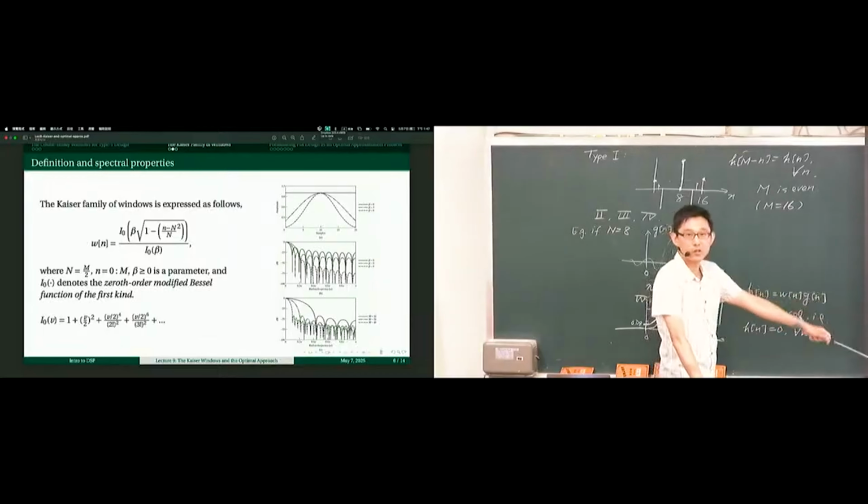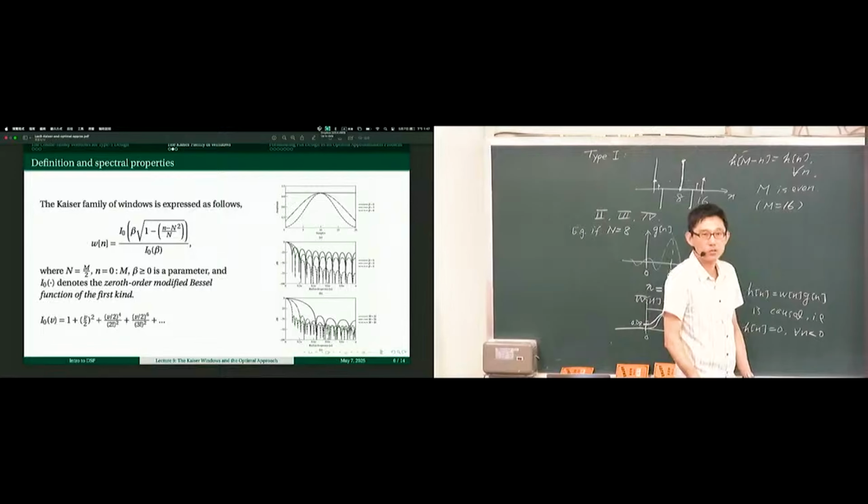But don't worry. If you don't recall where you learned the Bessel function, don't worry. It's just a special function. It's a modified kind, and it has an order, 0th order. It has something to do with differential equations.